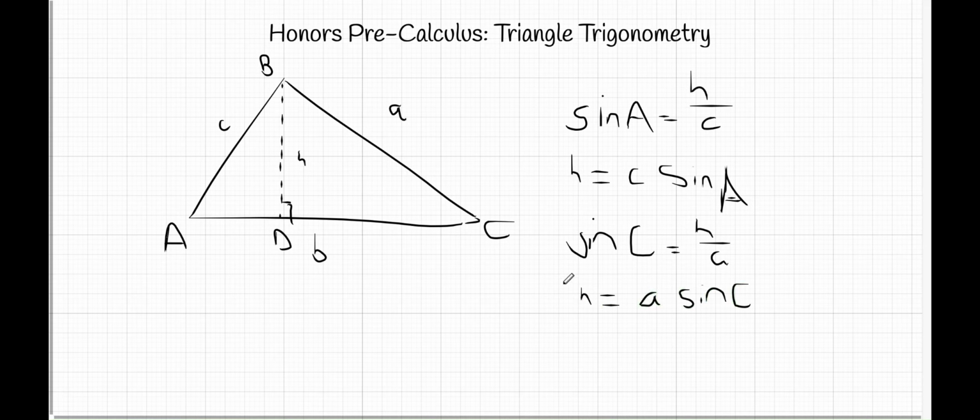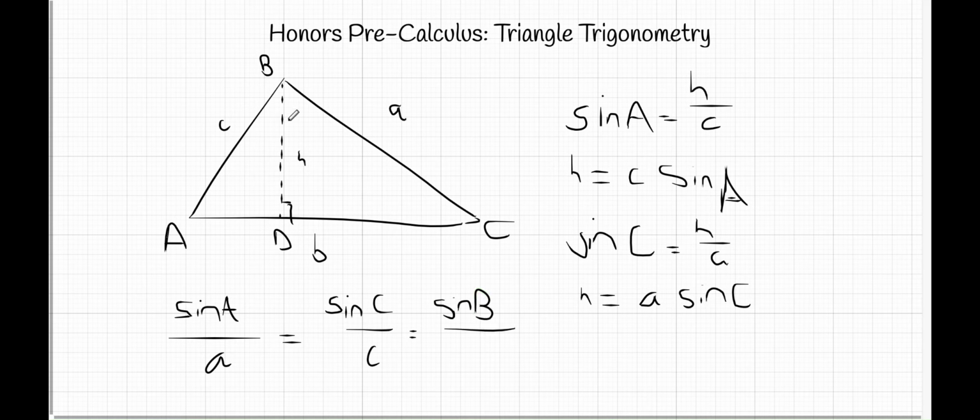Now we have two expressions for h, so we can set them equal to each other. So c sine A is equal to a sine C. Dividing both sides by a and c, we get sine of A over a is equal to sine of C over c. And we can extend this to sine of B over b as well if we use a different altitude.